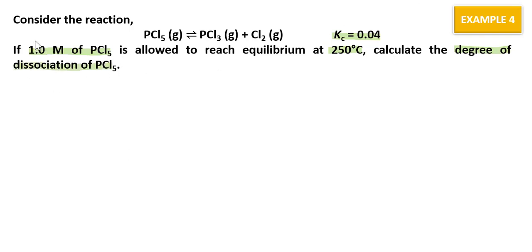So we already have the initial concentration of the PCl5. To get the degree of dissociation, we have to use this formula: the degree of dissociation is equal to the concentration change of the PCl5 over the initial concentration of the PCl5.